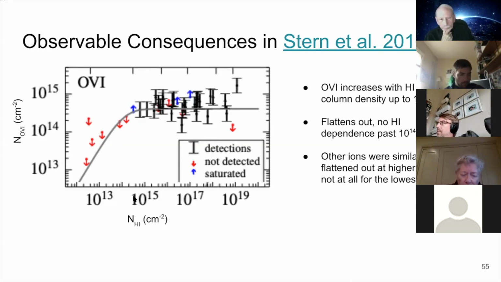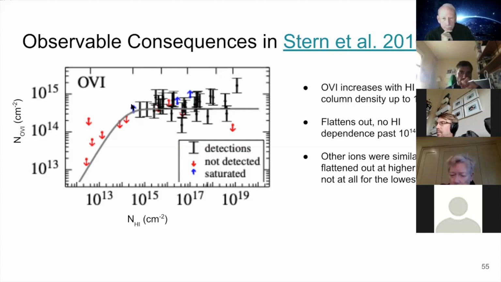If you go through something with 100 times as much or 10,000 times as much H1, you're not really getting any more oxygen 6. The idea is these high density clouds are just not producing oxygen 6. They're really just producing lower and lower ions. This is where you're running into the other states.